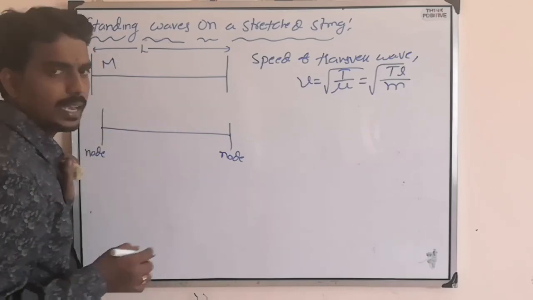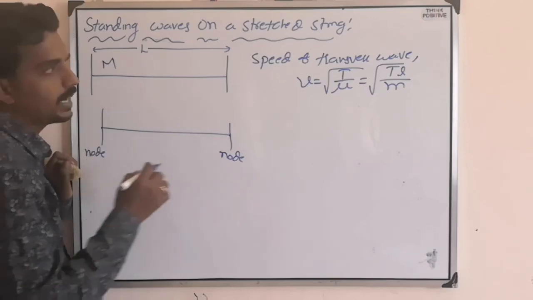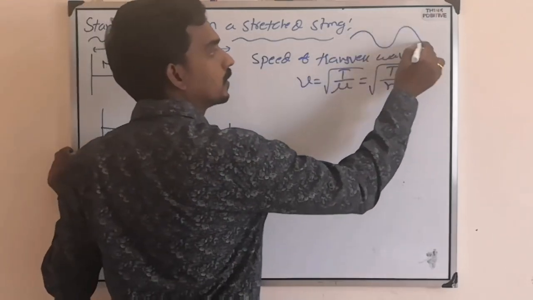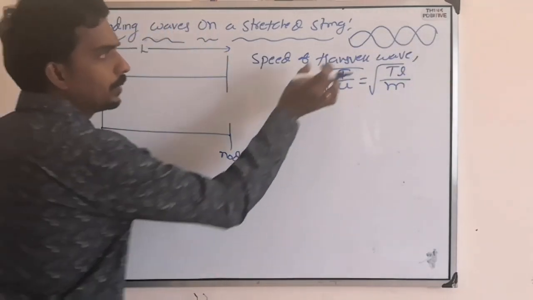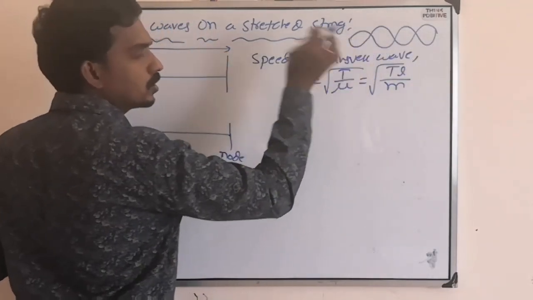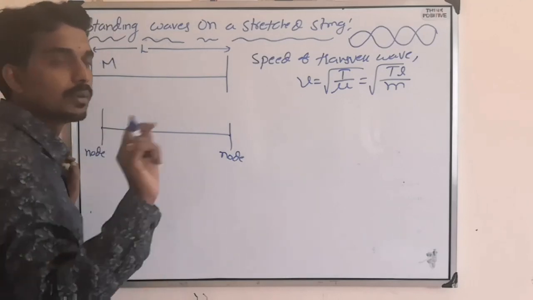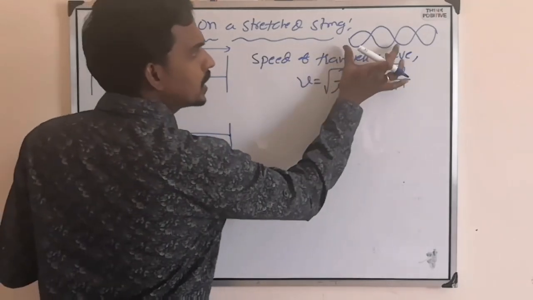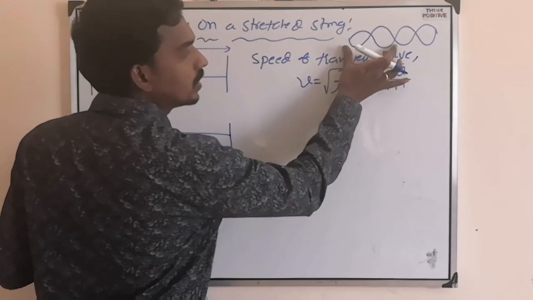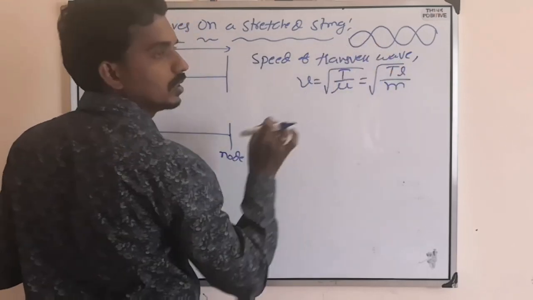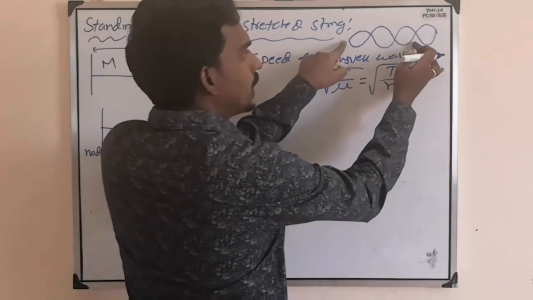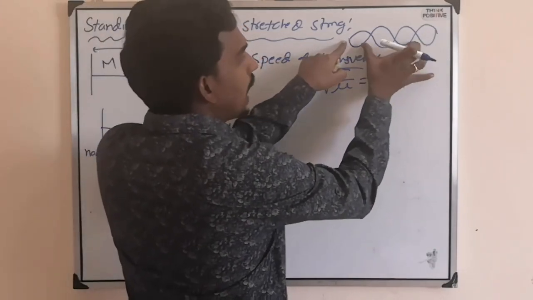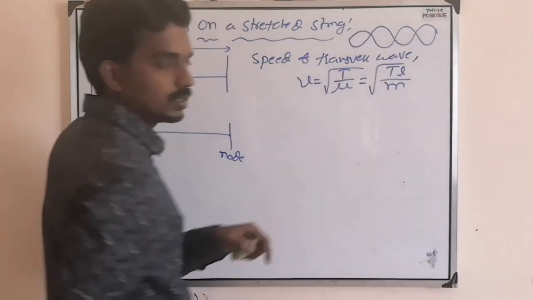Now, for a standing wave, when you look at the standing wave picture like this, between two nodes there must be at least one antinode. The next possibility, between two nodes, one node and two antinodes. The next possibility, between two nodes, three antinodes and two nodes.